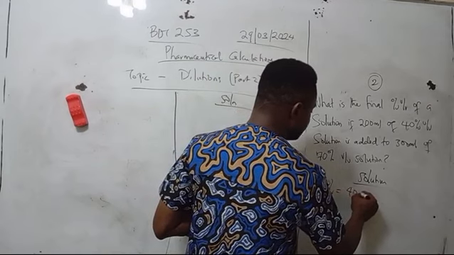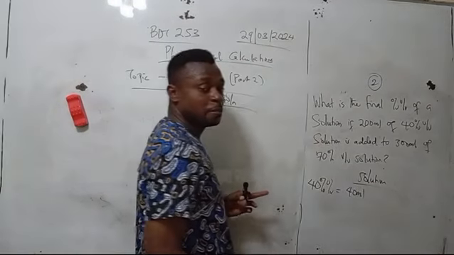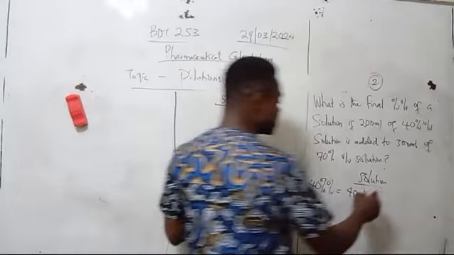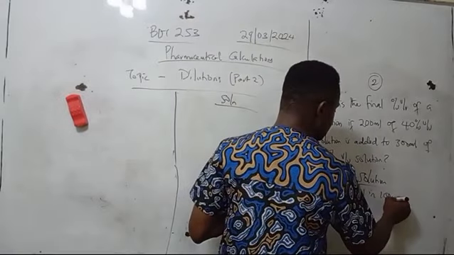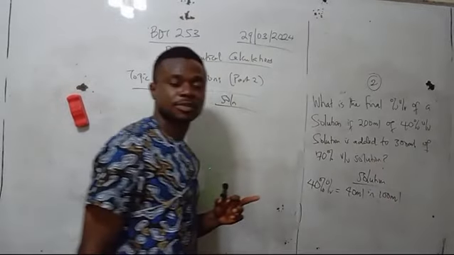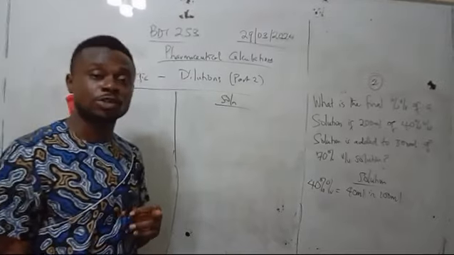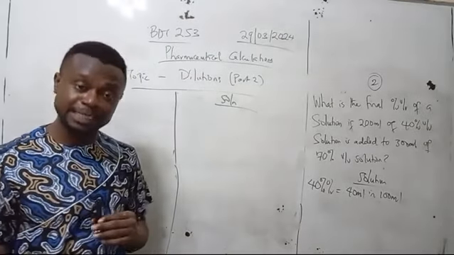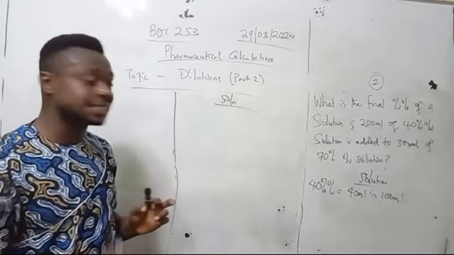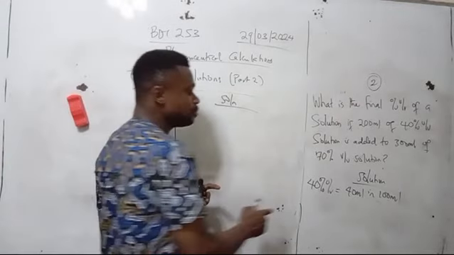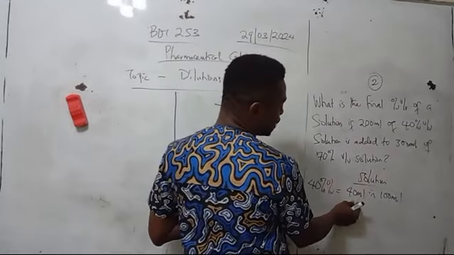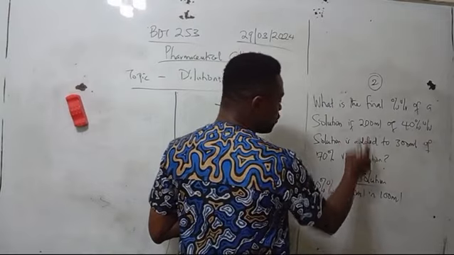If you cancel out, 100 ml will divide 200 ml, we have 2 times 40, which is 80 ml. So basically we have 80 ml of active ingredient in the 200 ml. This is the amount concentration.